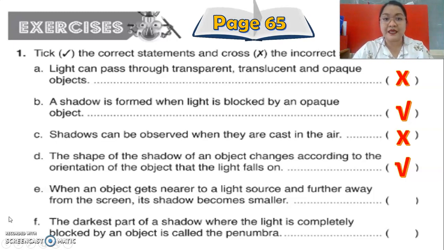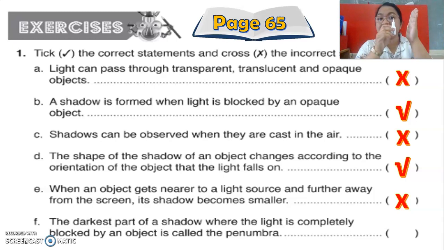Is it big or is it small? Is it true or is it false? 3, 2, 1. What is your answer? Very good. It is cross. Why? Because when the object is near the light, the shadow is big.